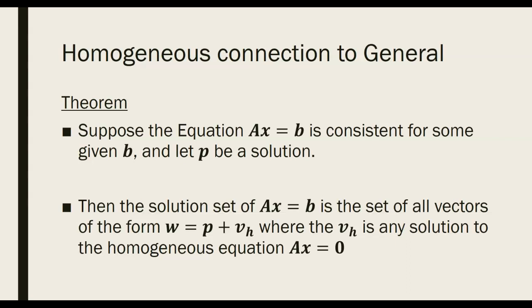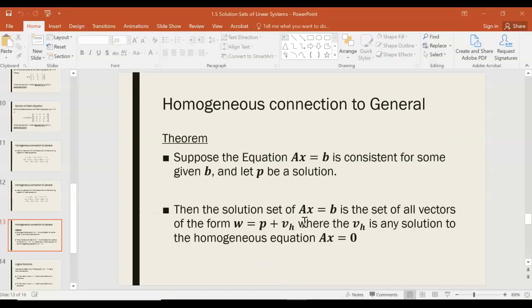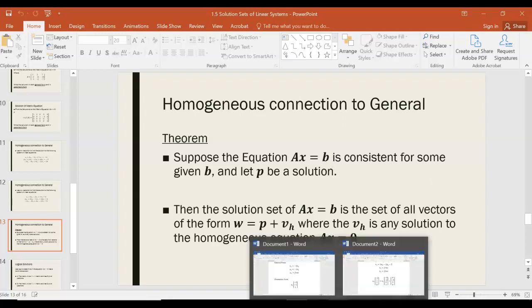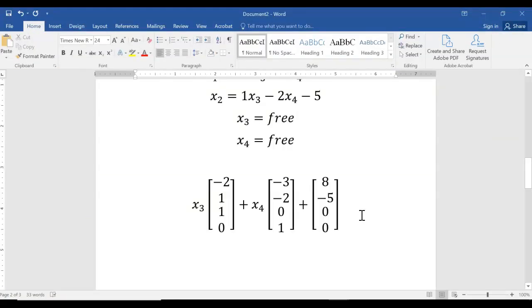Basically, all that's saying is that when you write the parametric form of the solutions to a non-homogeneous system, it's going to look like the sum of the homogeneous system solution plus another vector that works.